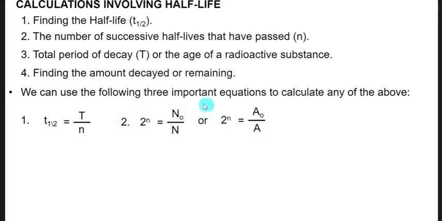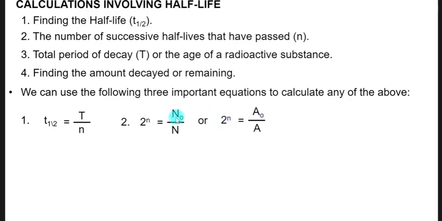So this equation and this one are the same. It's just that sometimes you are given amount in grams, or sometimes you are given activity where they say 10 counts per minute or 2 grams per minute. So that now becomes an activity where they are saying per minute or per hour or per year or per second.